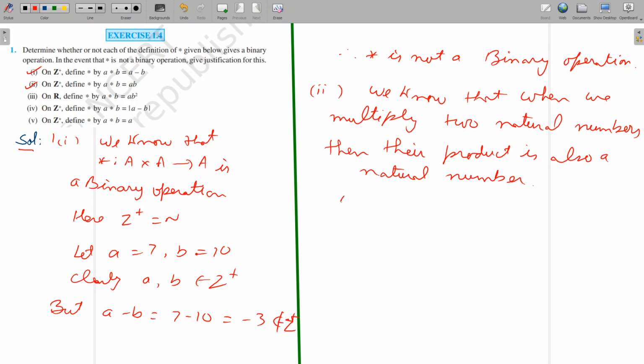That is, if A belongs to Z plus and B belongs to Z plus, then A star B will also belong to Z plus. Therefore, we can say that star is a binary operation.